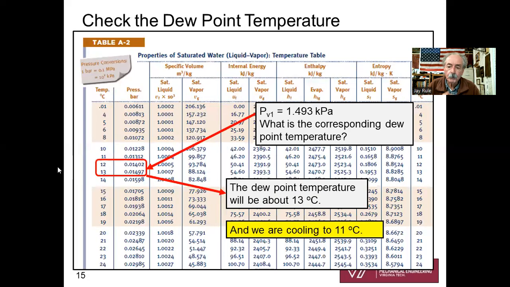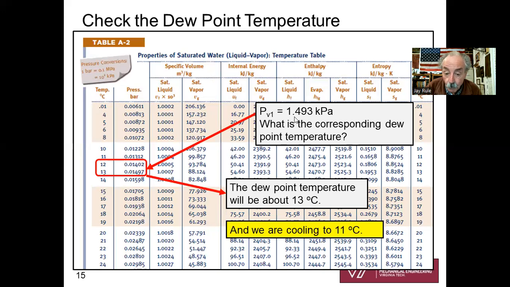Okay, let's check the dew point. How will we check the dew point of state 1? Well, we wrote down the partial pressure of the vapor, 1.493. We remember the definition of dew point: if we cool the mixture at constant humidity ratio, or constant partial pressure, it's the same thing, whatever temperature we get where PV equals PG, the saturation pressure, that's the dew point.